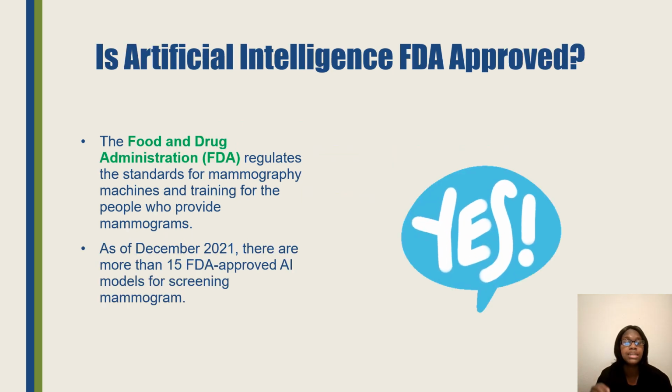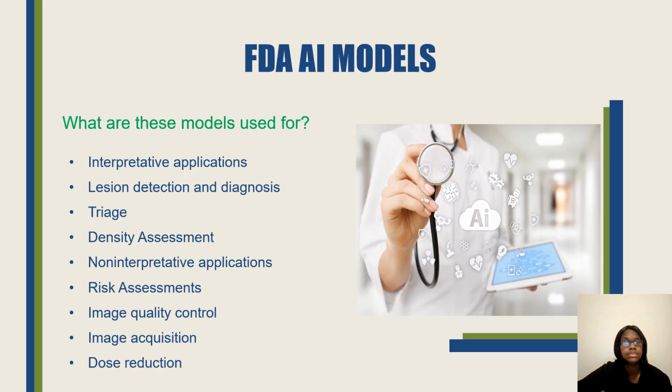It is approved by the FDA, and it does have 15 approved models for screening mammograms. So we have different FDA models: interpretive applications, lesion detection, diagnosis and triage, density assessment, risk assessment, image quality control, image acquisition. It's just different forms of AI models with FDA.